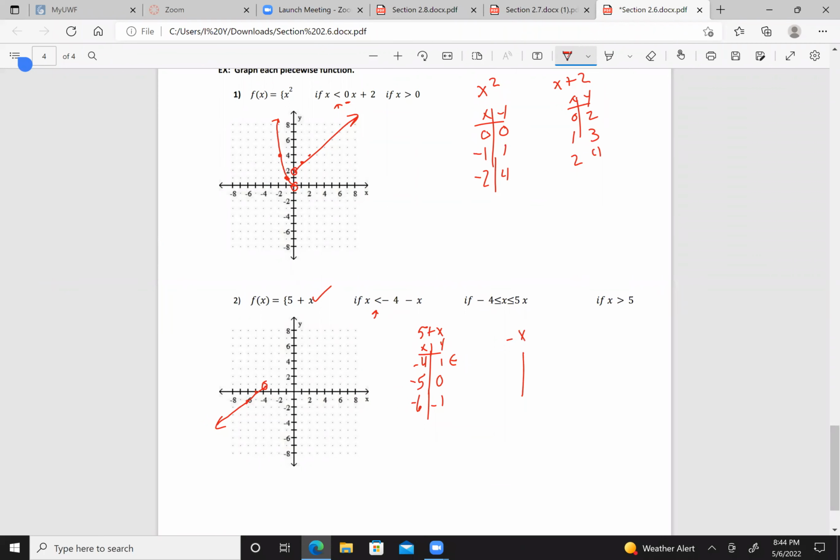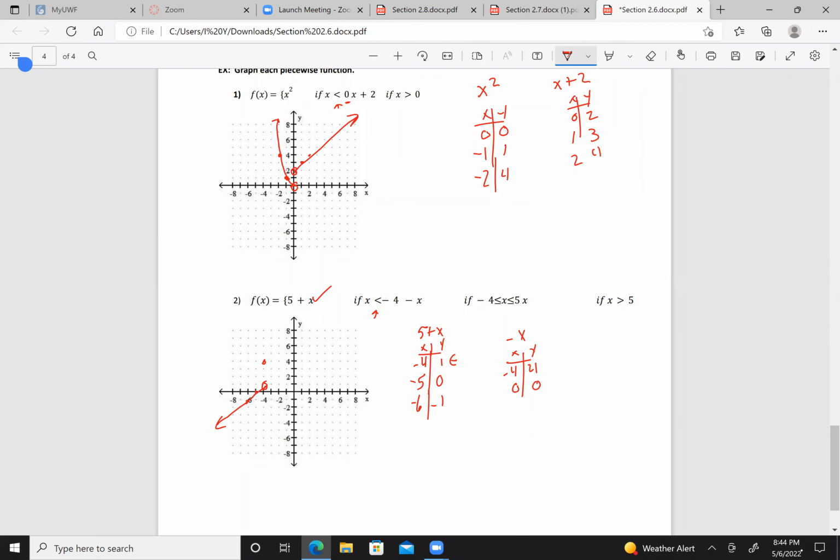Now I'm looking for negative x, and this is for x equals negative 4, so we'll use negative 4, which gives us a positive 4. So that point there, 4, 4. And let's just use 0, which will give me 5. No, wait. If x is 0, negative x is 0.